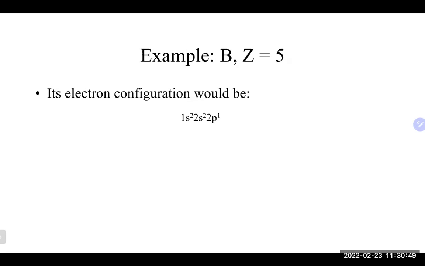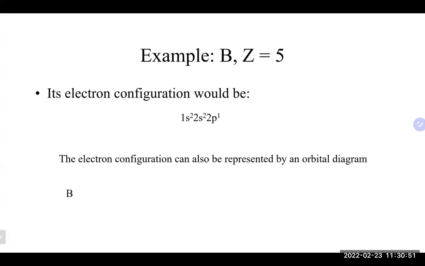In this case, we would need several boxes. We would need a box for the 1s, a box for the 2s, and because the p orbitals are a set of 3, we would need 3 individual boxes for those. That represents our 2p orbitals. The filling will go like we did, 1 up, 1 down, 1 up, 1 down.